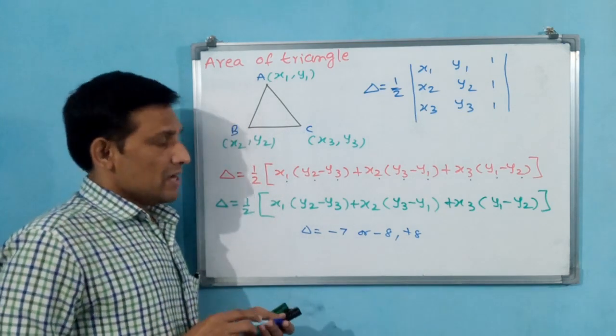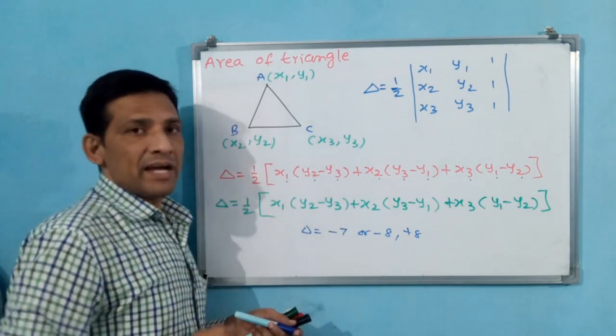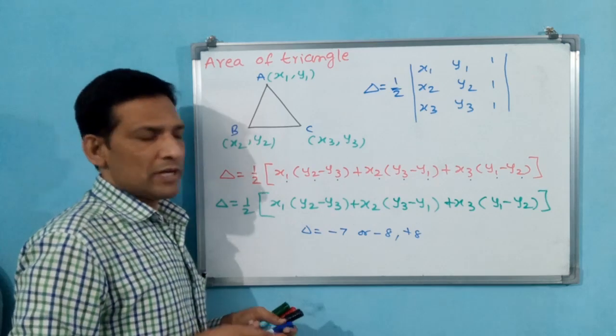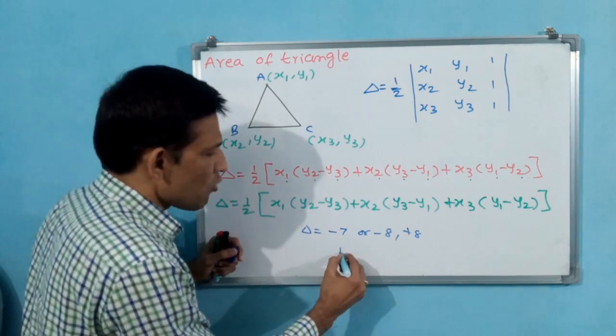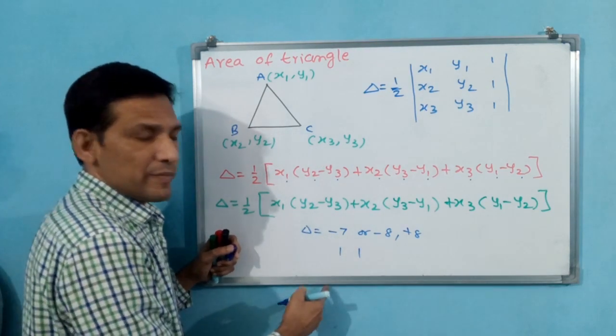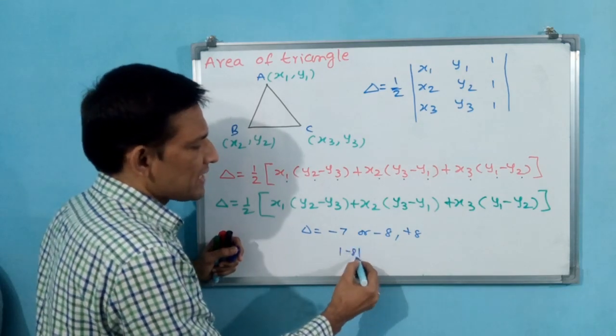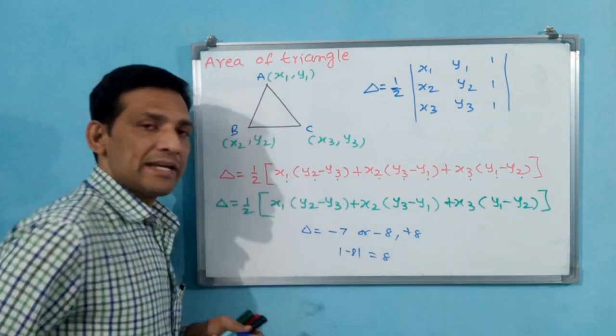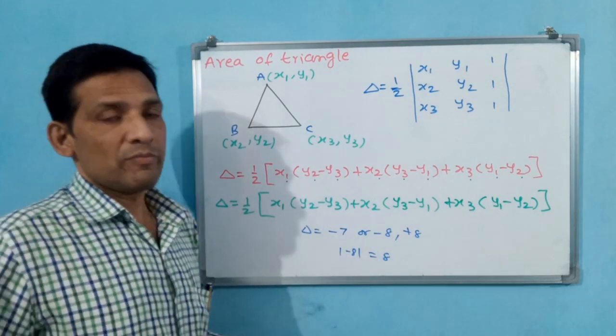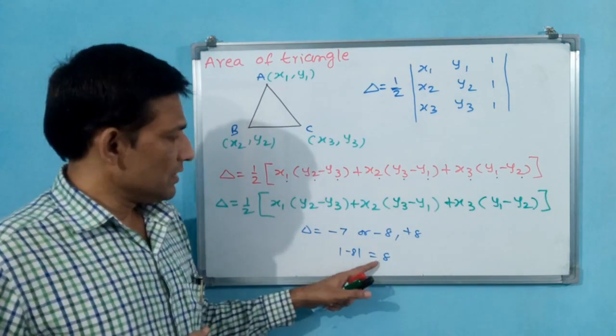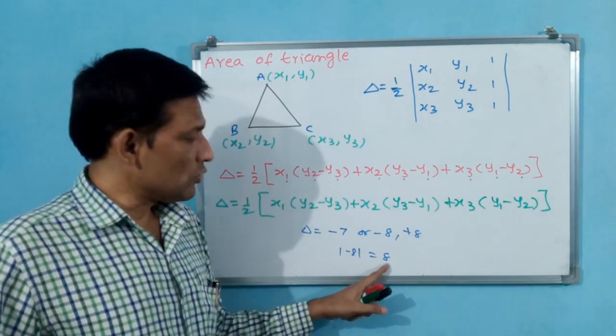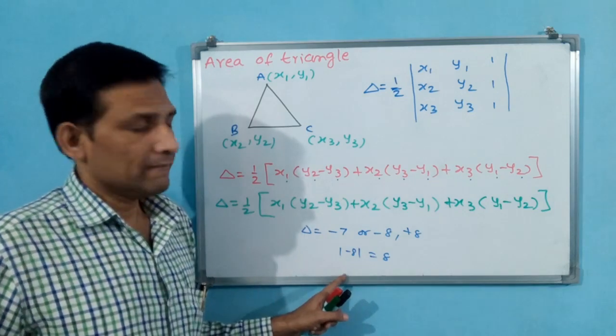But what about area? Area is not minus. That means the final answer is modulus, like modulus of minus 8 you have to take. Finally it will become 8. That you keep in your mind.